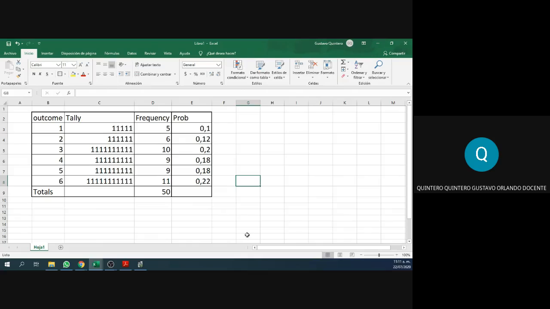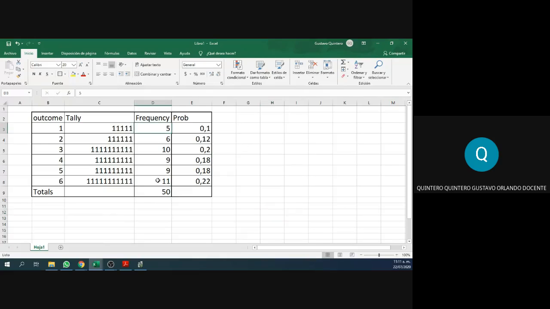There, that's my tally. After I get the tally, all I have to do is count the frequencies. So I have 5, 6, 10, 9, 9, and 11. That's it.